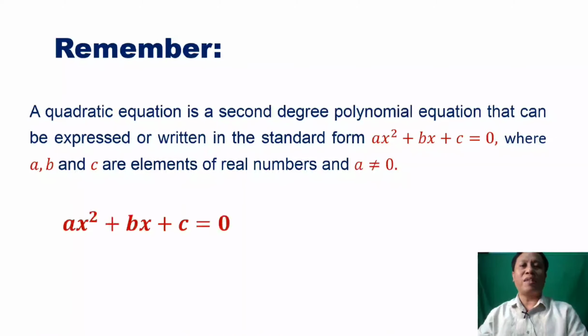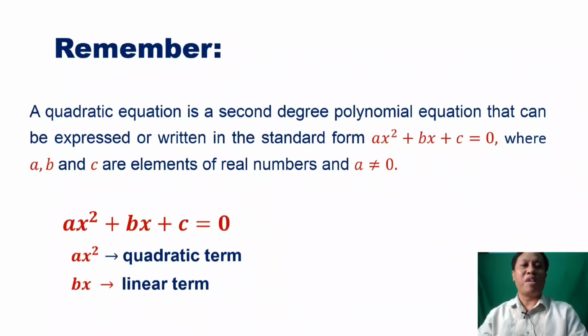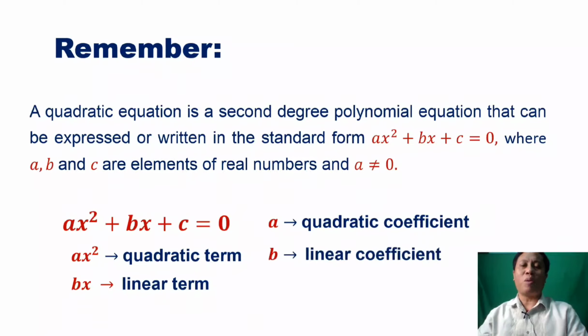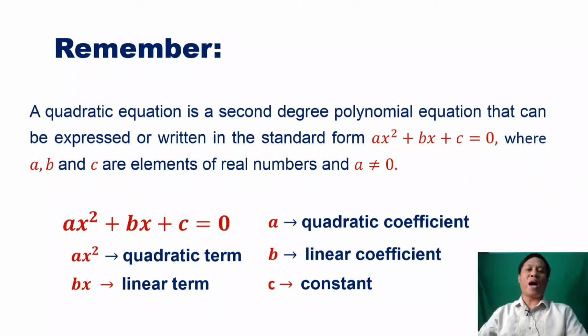So in the standard form, ax squared is called the quadratic term, bx is the linear term, a is the quadratic coefficient, b is the linear coefficient, and c is the constant. You have to remember also that before you identify the values of a, b, and c, you need to write the given quadratic equation in standard form.